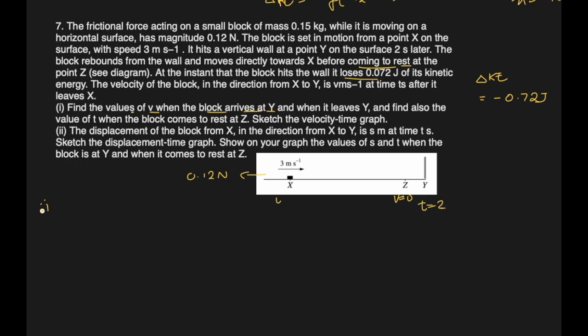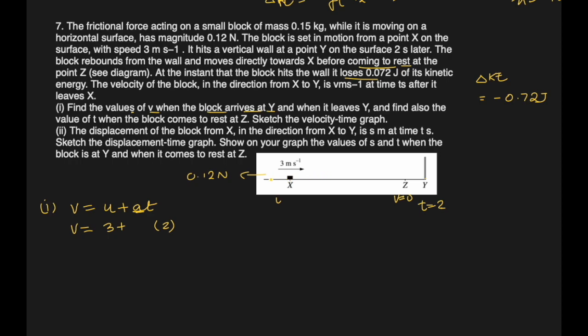So part 1, V is equal to U plus AT. V we want to know, U we know 3, acceleration is not known to us, but time is known to us, 2 seconds. Now acceleration is the problem. When this block is going this way, there is no force which is being applied on it.